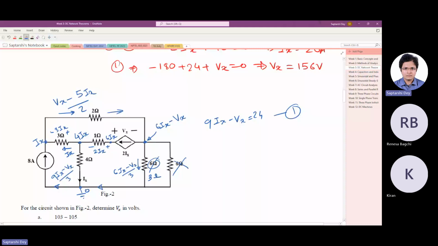Can you think about an equation here? Sir, I have written the equations. One more equation we need. Looks like again we have to apply another KVL, or is there any option to apply a KCL?